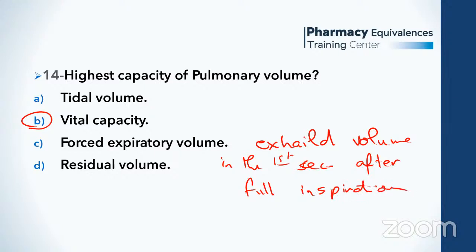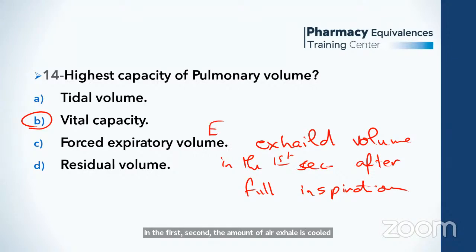When you take a full inhalation, a deep breath, then try to push this air out in exhalation as fast as possible, the amount of air exhaled in the first second is called forced expiratory volume, FEV1. We depend on this value to check and to categorize asthma.